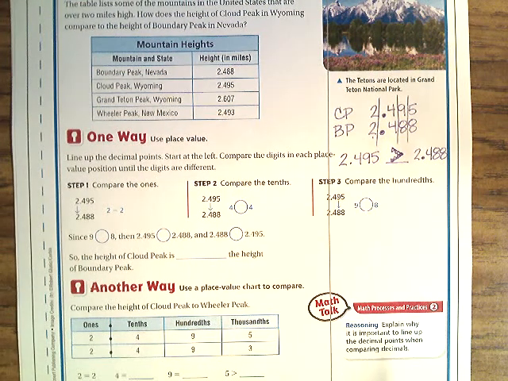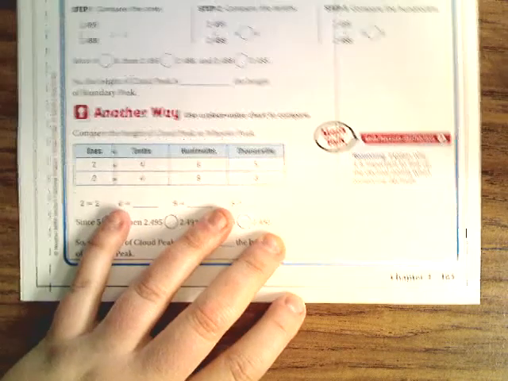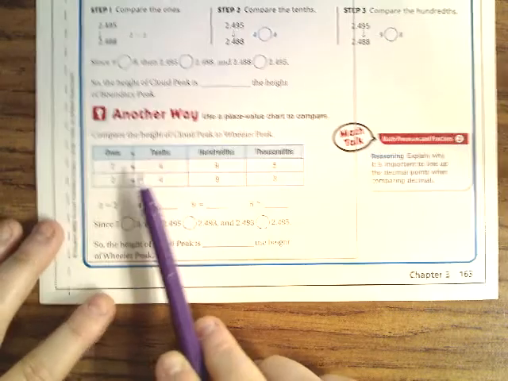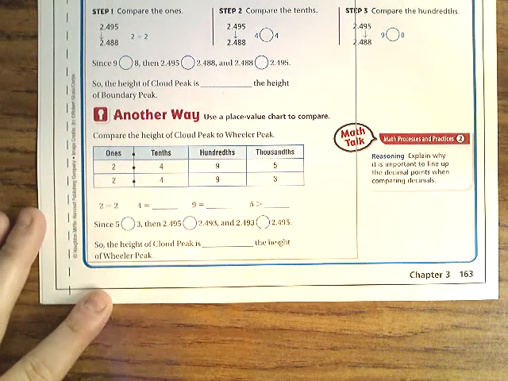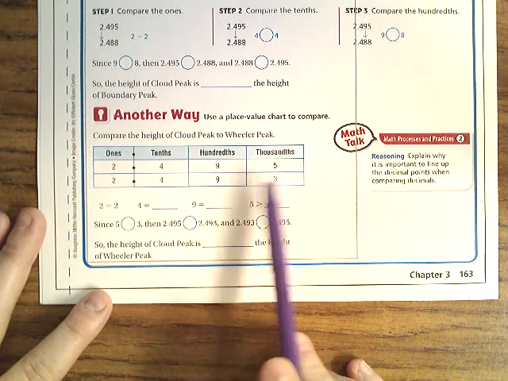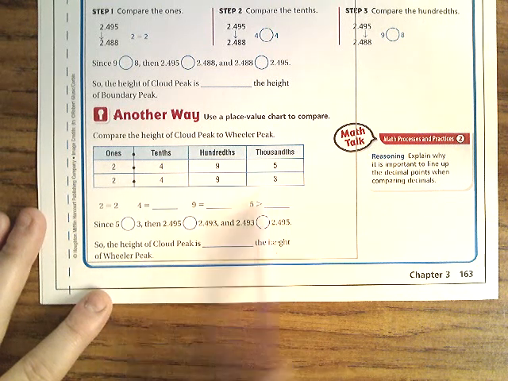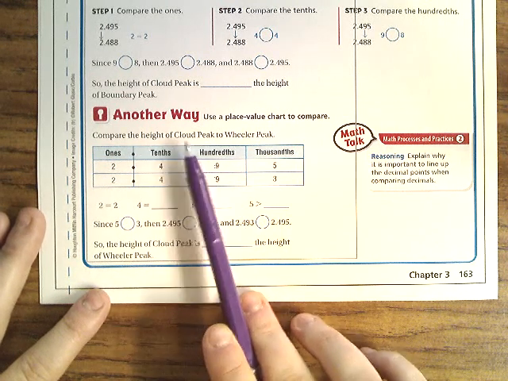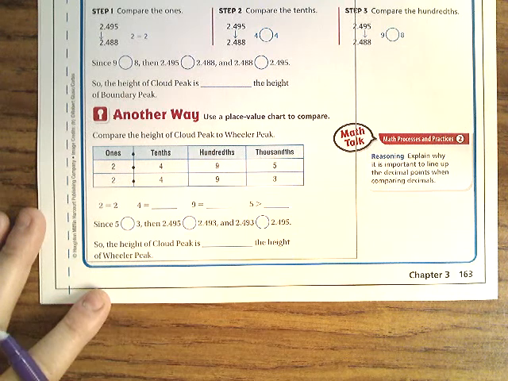Okay, the other way is down here where it says another way. Another way is to use a chart to compare. So they've written both of these peaks for those mountain ranges in the chart. So we've got 2.495 and 2.493. Oh, this is different peaks. Sorry, they're doing Cloud Peak and Wheeler Peak this time.